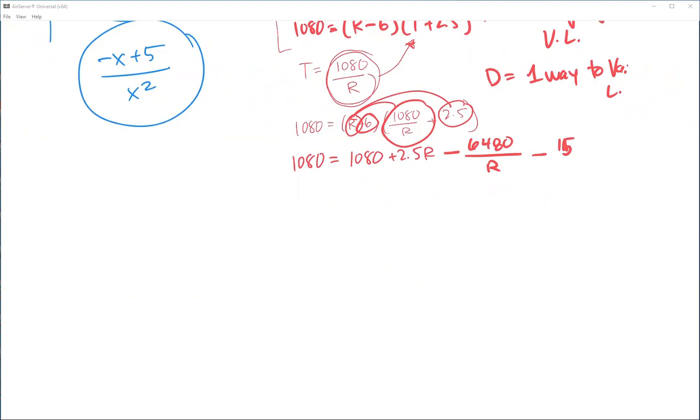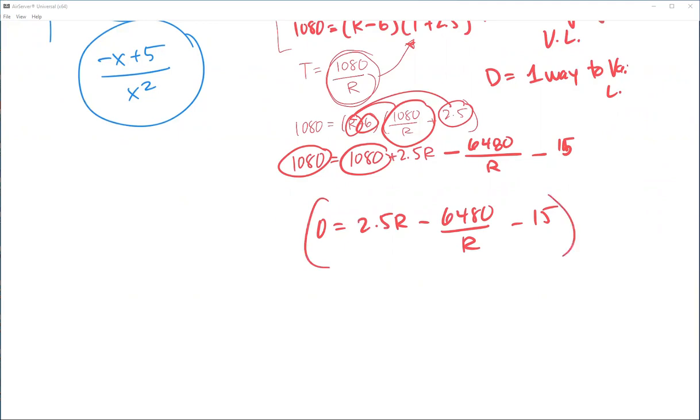Let's combine like terms. First of all, we can cancel the 1080s right off the bat. That makes it a lot easier. So 0 is equal to 2.5 R minus 6480 over R minus 15. Let's multiply everything by R to get rid of the denominator.